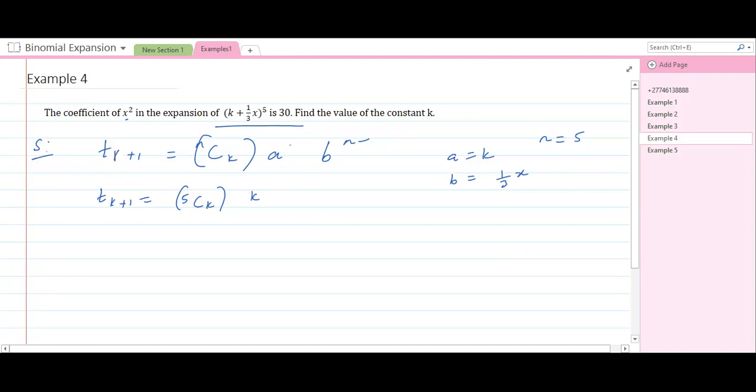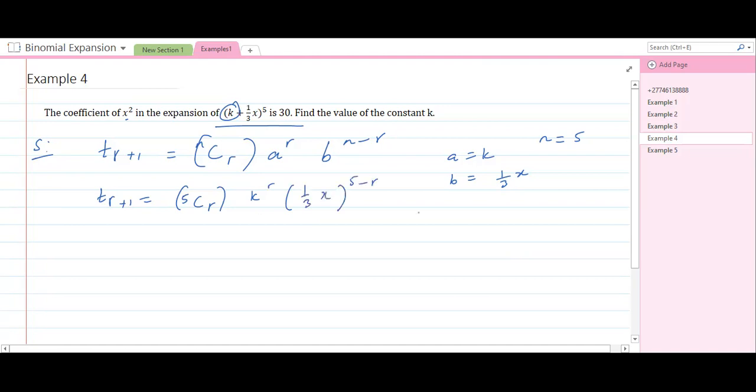So I change this to r as well, n minus r. We can't use k because we have k here, we'll have conflicting scenarios. So k to the power r, b is 1 over 3x to the power 5 minus r.